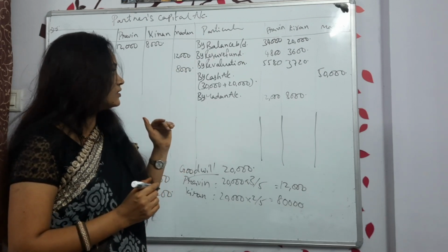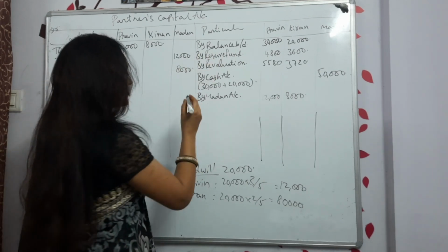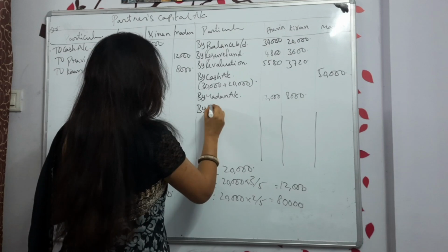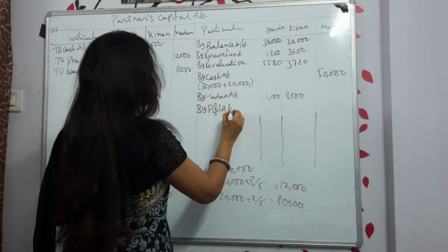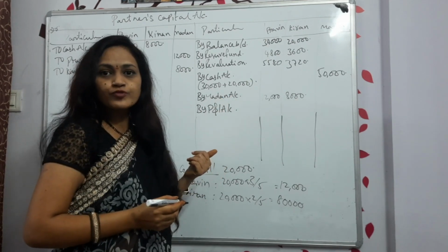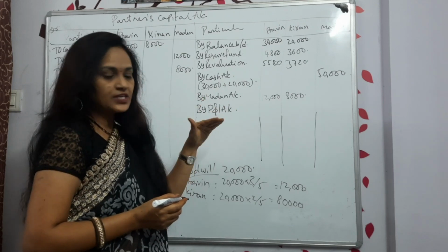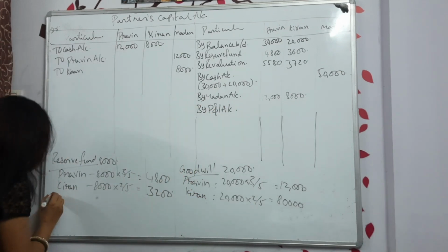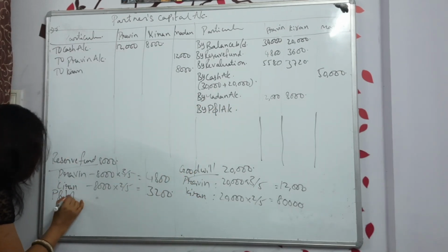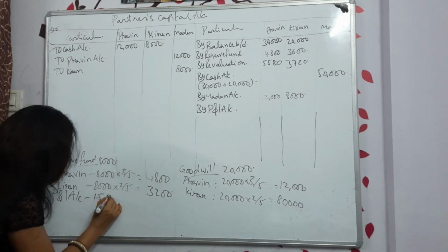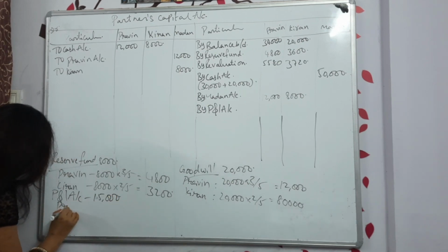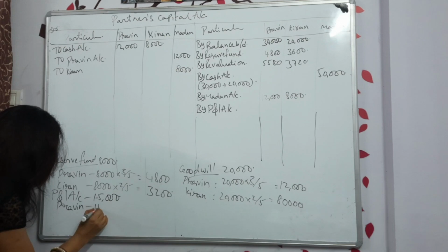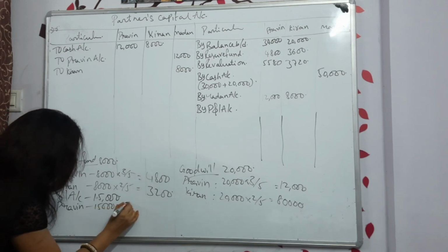Let us do the total. I think we have left over one more transaction, that is by profit and loss account. What is the amount of the profit and loss account? It is 15,000. That is also shared between the partners. How to treat it? Praveen, 15,000 into 3 by 5.